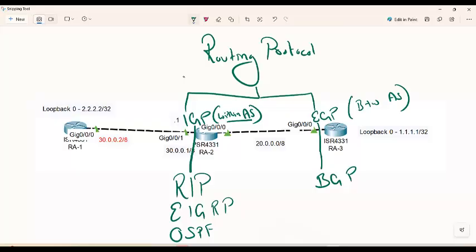There is also another protocol in IGP, a service provider only protocol called IS-IS, Intermediate System to Intermediate System. That's not at the enterprise level; you will see it only on the service provider side. We don't learn IS-IS in this course. About BGP, maybe I'll give some introduction, but BGP actually starts at the CCNP level.